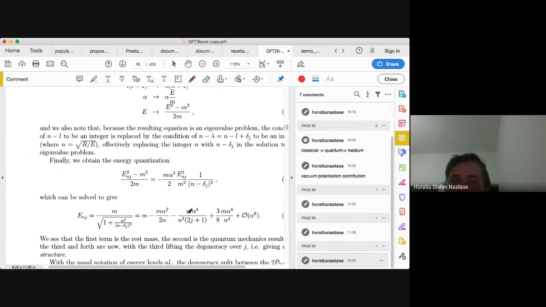So when I'm expanding this, I get two terms of order alpha 4, one coming from expanding here with delta j equal to 0, and the other one from expanding delta j.